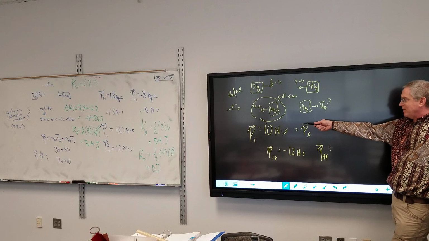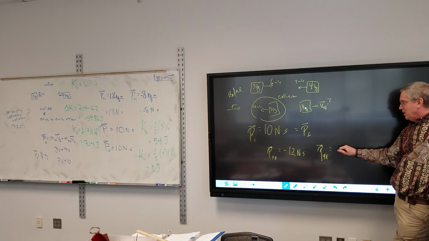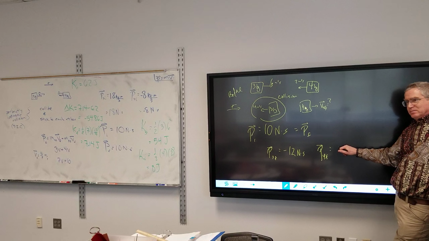Well, I know my total is 10. One of the numbers is negative 12, so negative 12 plus what gets me 10? 18? Try that one again. 22.